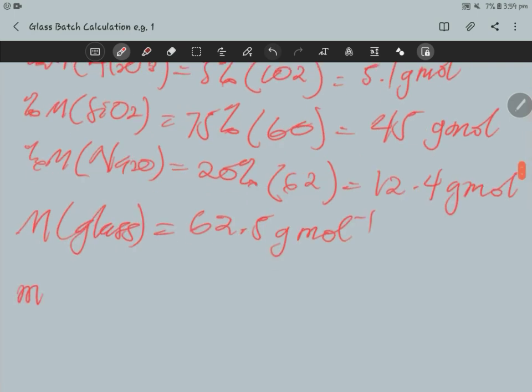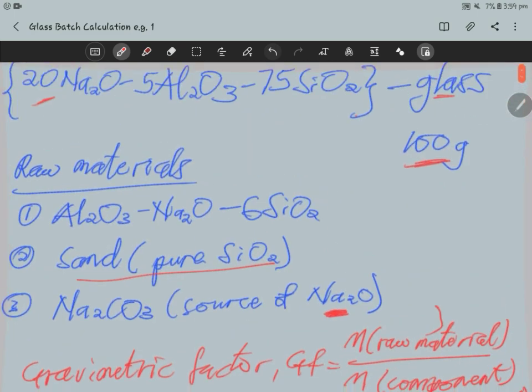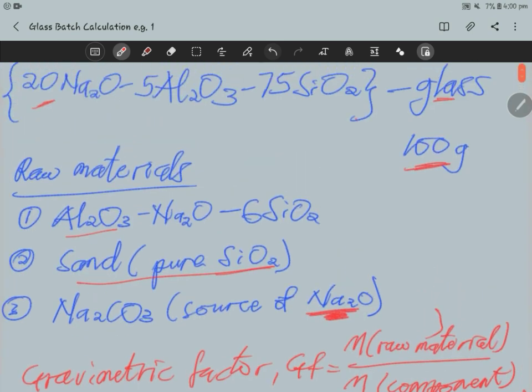Let's go back and see. We said that clearly we need a particular amount of this Al2O3 and then SiO2 and then this one here. So we can go step by step and find the mass of Al2O3 that we need, find the mass of SiO2 that we need, find the mass of what we need here, and use it to find this one.